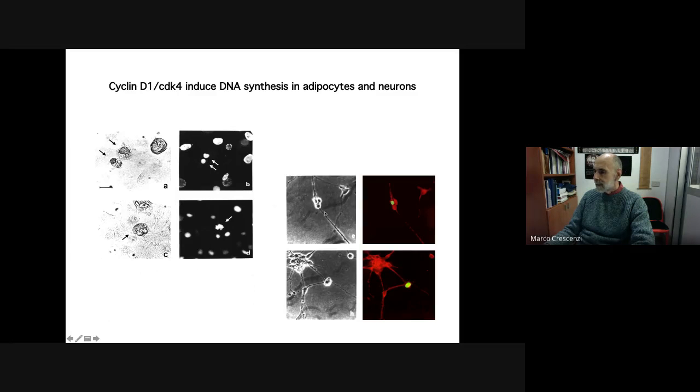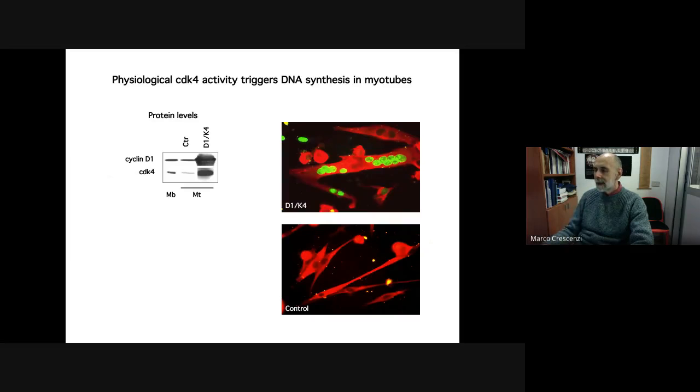And even neurons. Here are neurons incorporating BrdU following expression of cyclin D1 and CDK4. Now, this was all good, but we needed, as I've said, this huge overexpression of the two proteins to reactivate the myotubes.